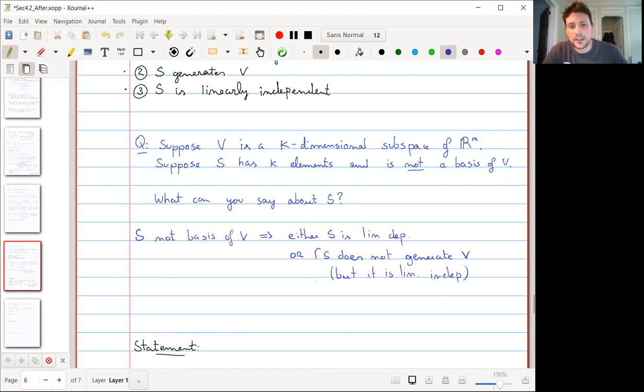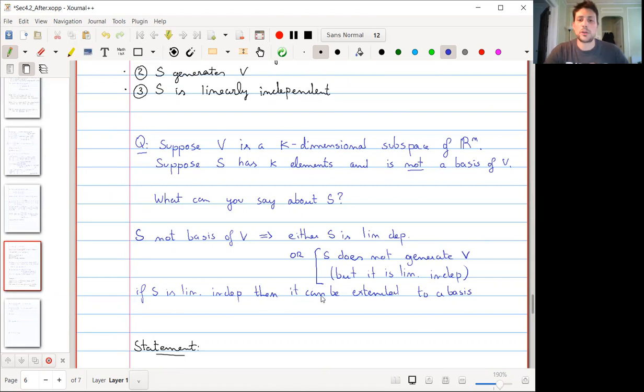However, in this second case, if S is linearly independent, then by the property of the basis, it can be extended to a basis.